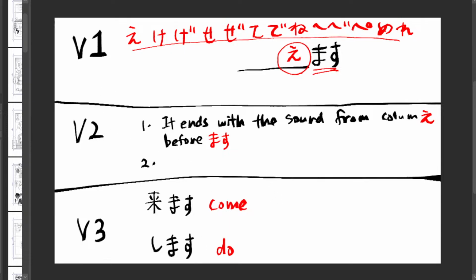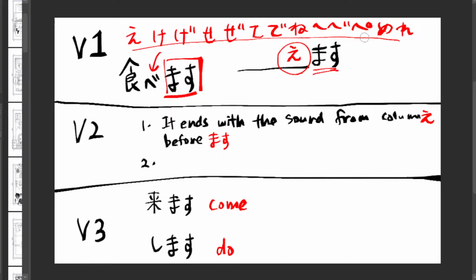I'll give you some examples. For example, tabemasu, the verb for eating, to eat. The sound before masu is be, and be is a sound from the column E. So tabemasu belongs to the group V2.